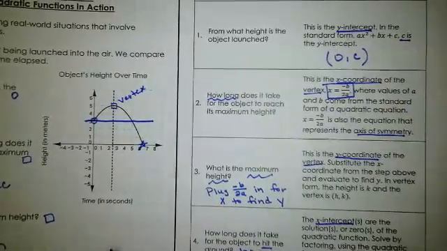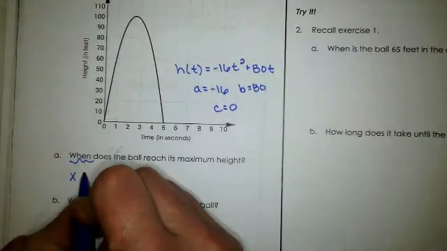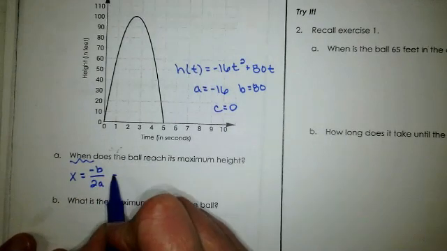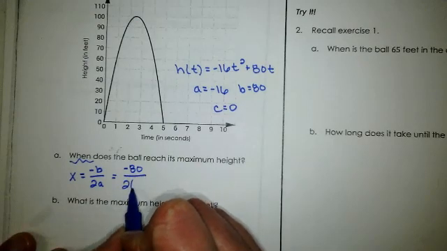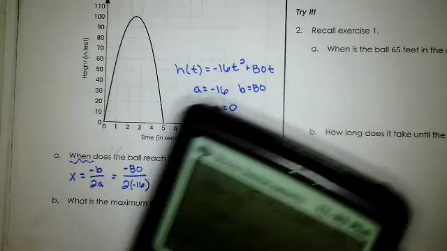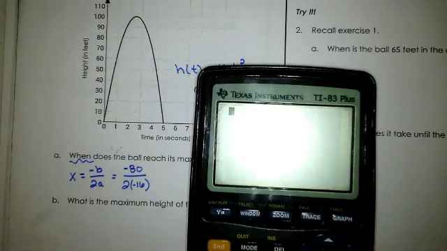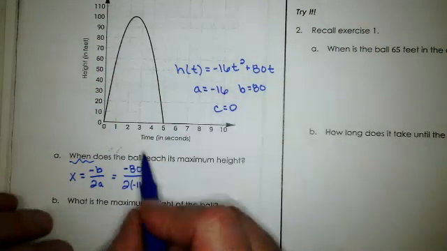We need to come up with the axis of symmetry. So we're going to use the formula x equals the opposite of b over 2a. So we plug all of our numbers in. The opposite of b over 2 times a. And then in a calculator, we can put in 2 times -16 to get our denominator cleaned up, -32.